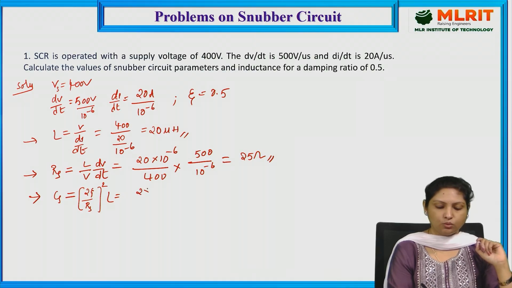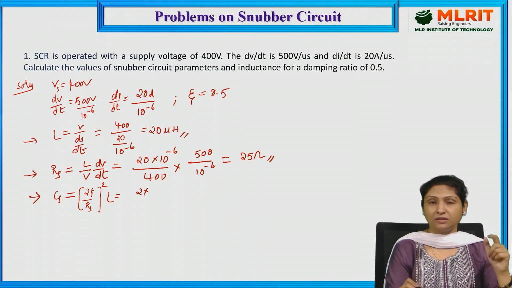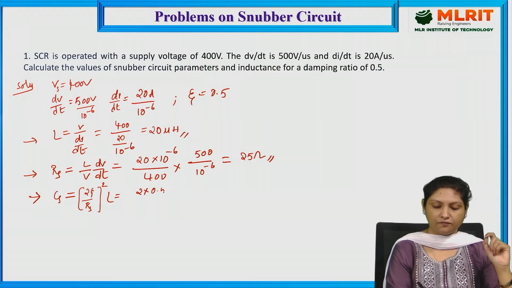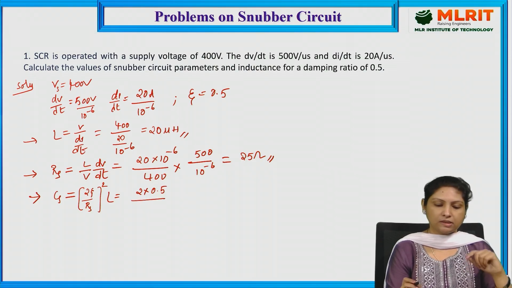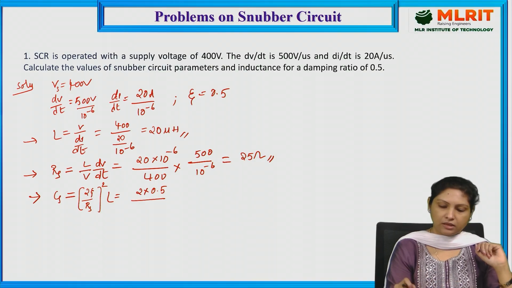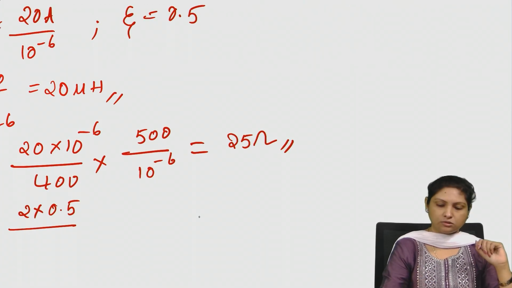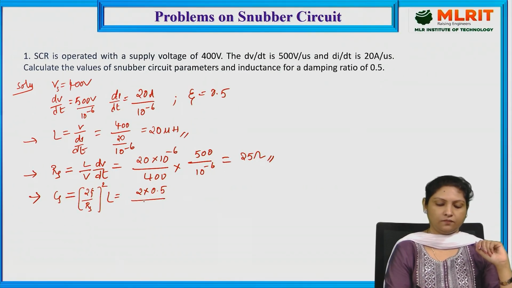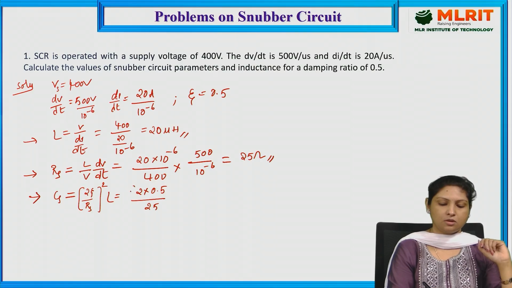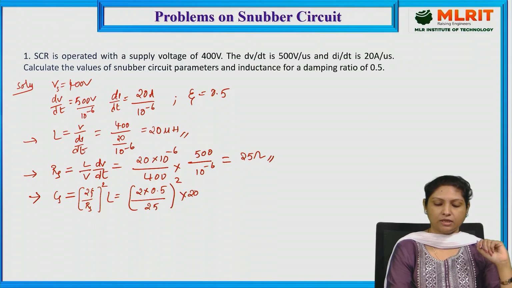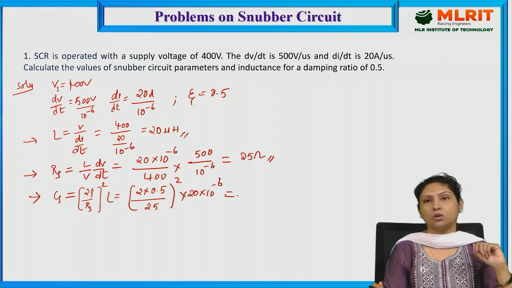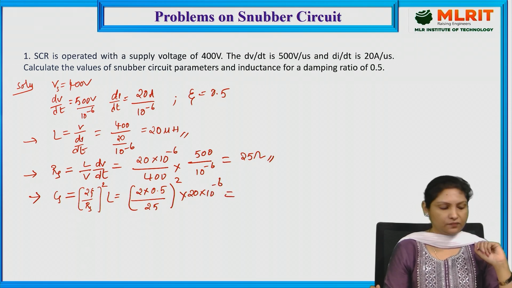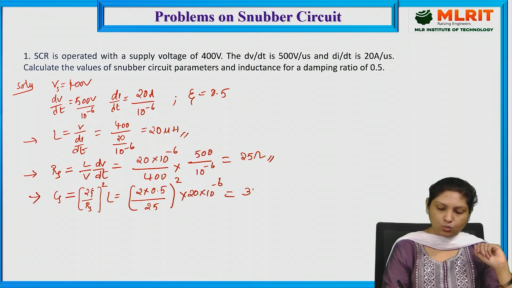So 2 into zeta, mentioned in the question as 0.5, divided by the Rs value, which we got as 25 ohms, whole square into L, which is 20 into 10 to the power of minus 6. And if we resolve this, we get the value of the capacitance as 32 nanofarad.